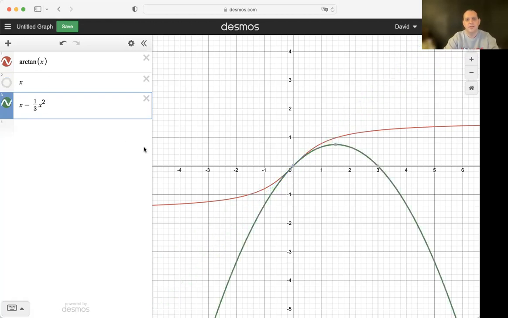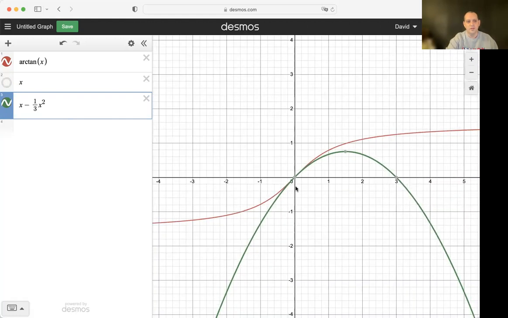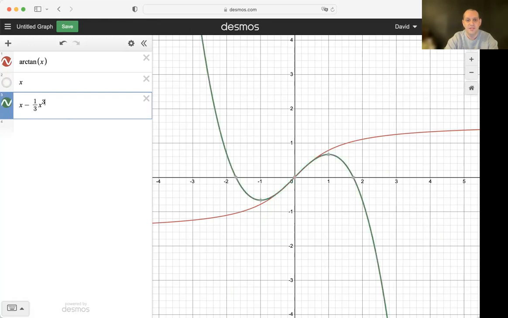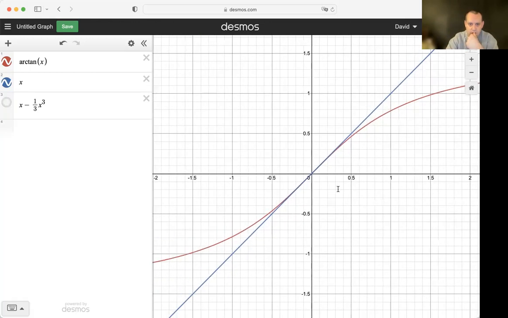That's actually an even better approximation for the function. So look at how closely that blue line hugs the curve, arctangent.